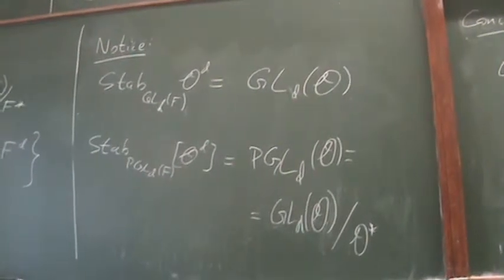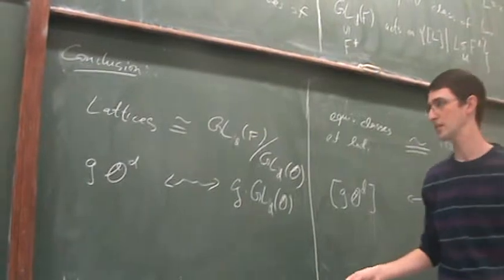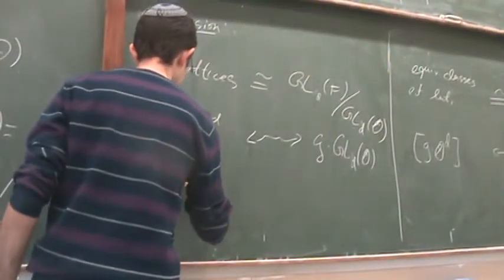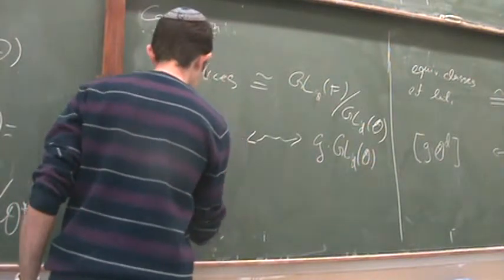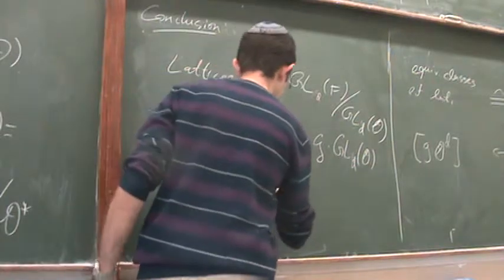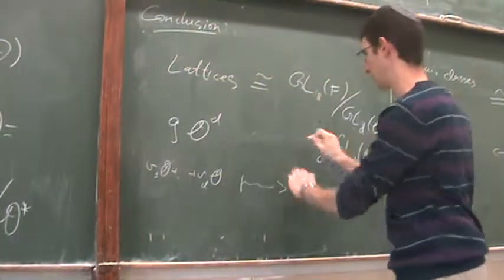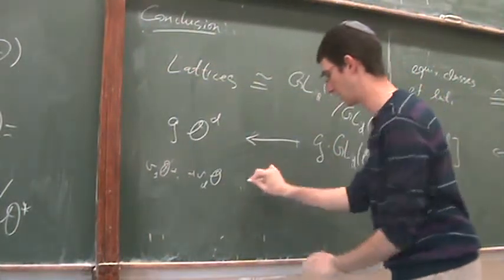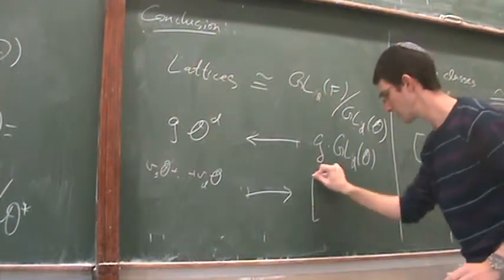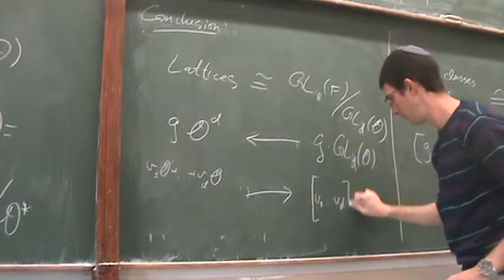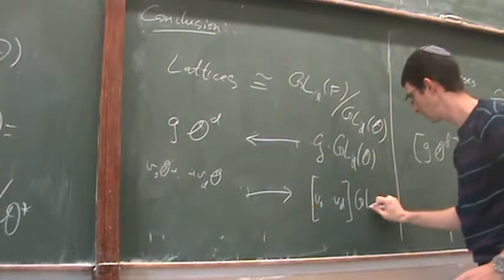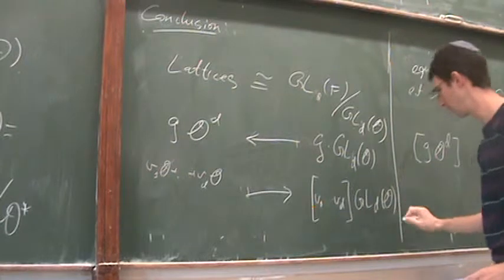So it is sometimes useful to view lattices as matrices and vice versa. By the way, if you want something more explicit, this is one direction, and this is the other direction. Just think of these as column matrices. So this is v_1, ..., v_d times GL_d.